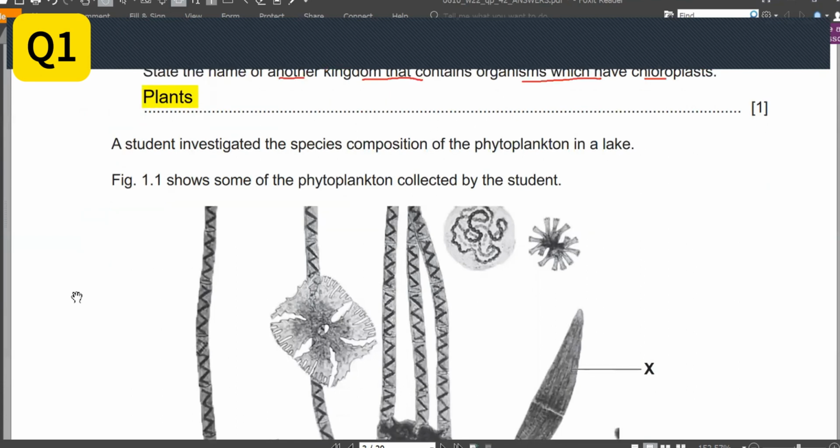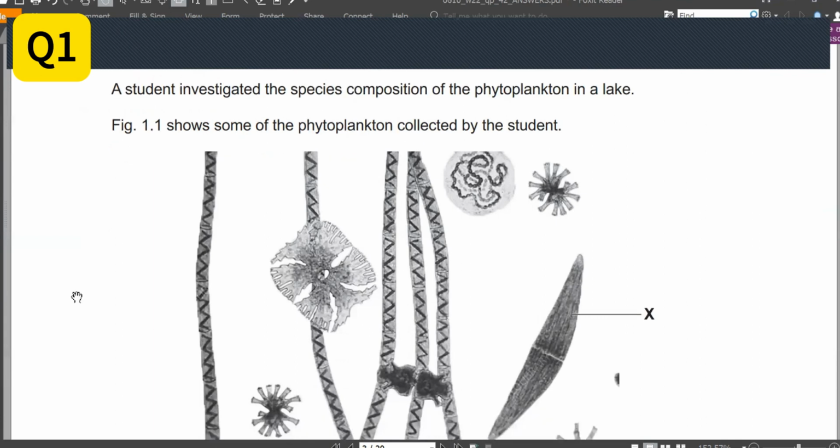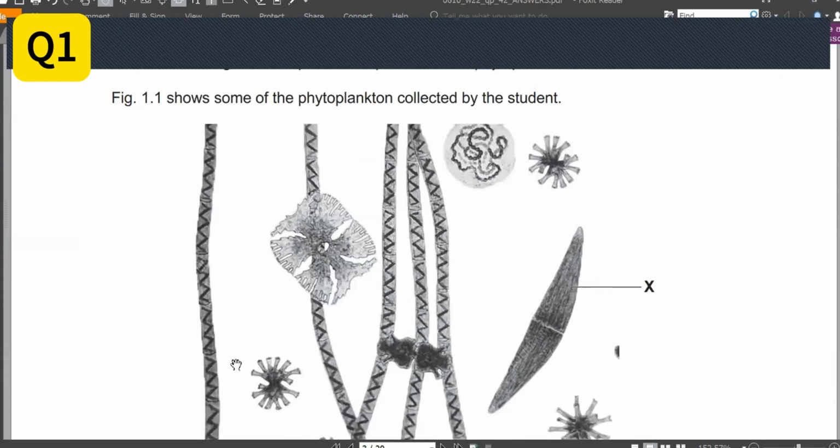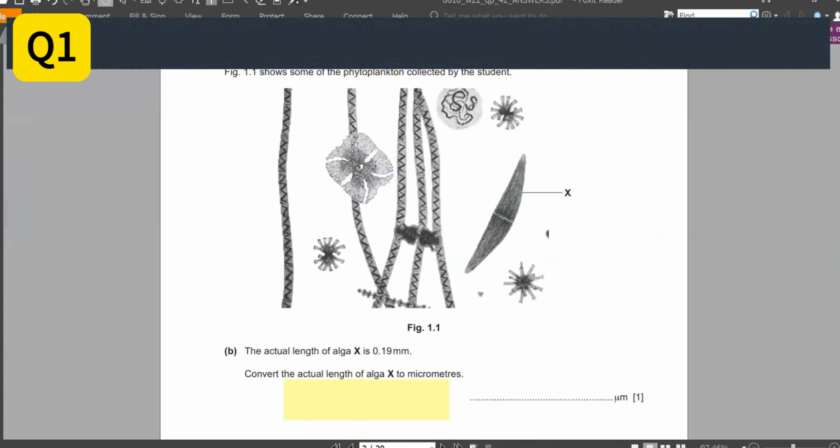Next, a student investigated the species composition of the phytoplankton in a lake. Here, we show some of the phytoplankton samples collected by the student. So now we focus on X here. The actual length is 0.19 mm. Convert the actual length of alga X to micrometers. So in this case, we need to do a unit conversion.